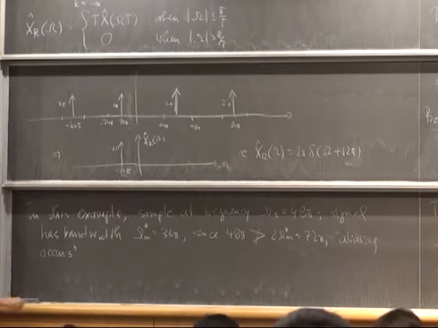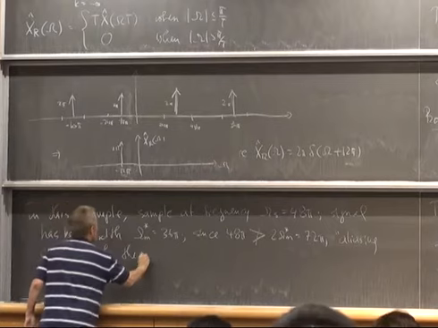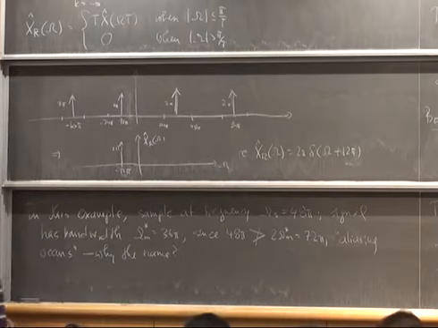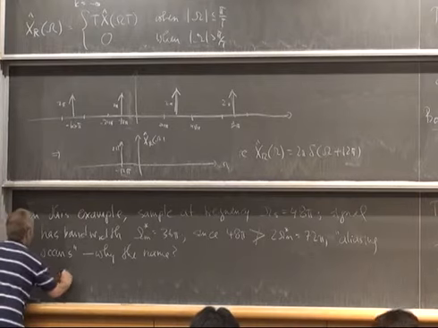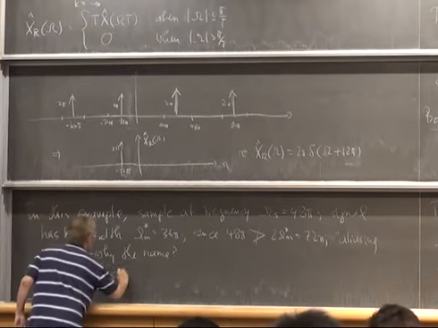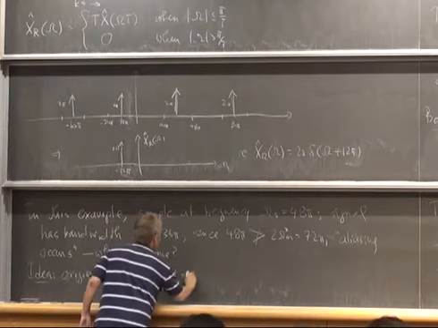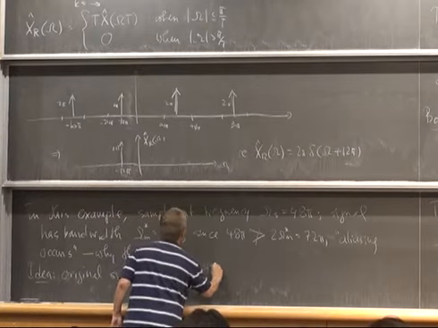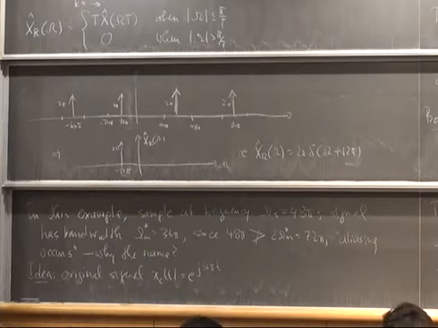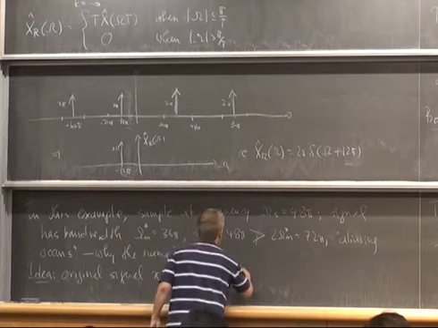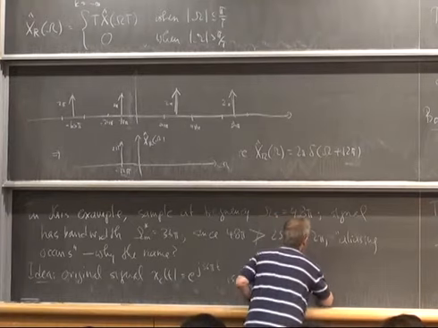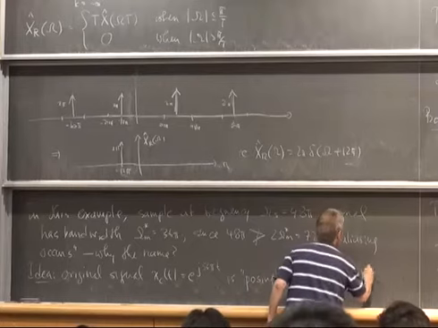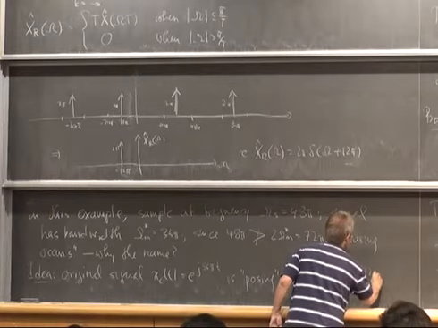Why do we call it aliasing? The idea here is that the original signal, e to the j 2 pi 18 t, the original signal xc of t equals e to the j 36 pi t, is posing as xr of t, which is e to the minus j 12 pi t.